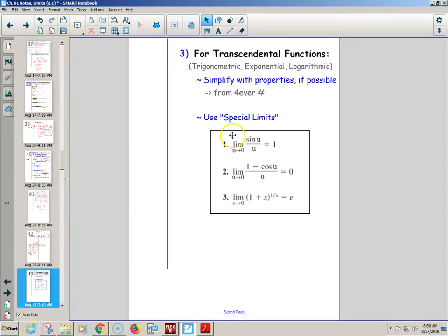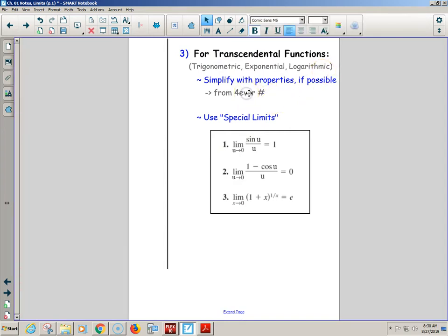For transcendental functions, trig, exponential, logarithmic, we are going to simplify with properties, if possible, from forever card number 1, like trig properties, like tangent equals sine over cosine, or sine squared equals 1 minus cosine squared.